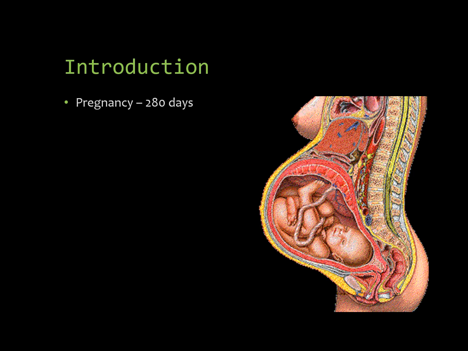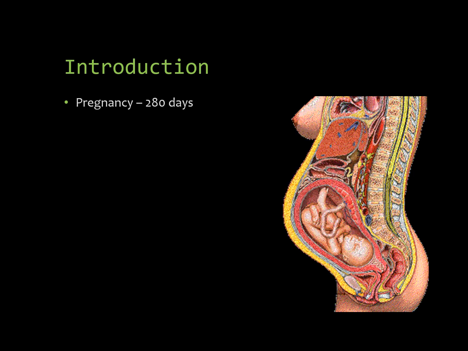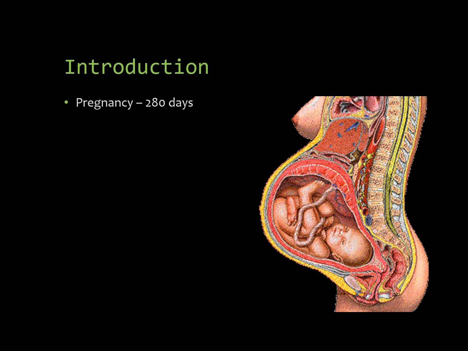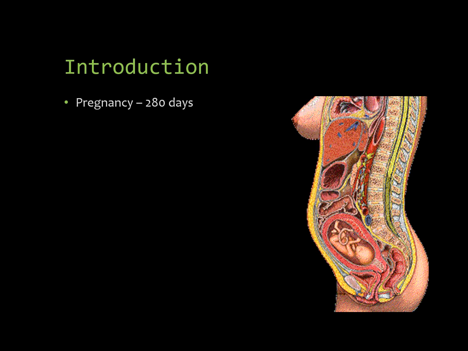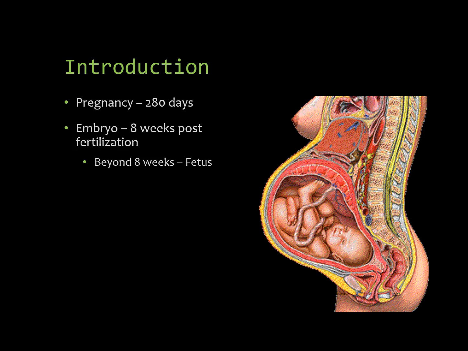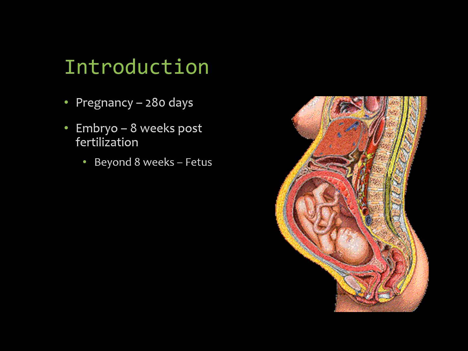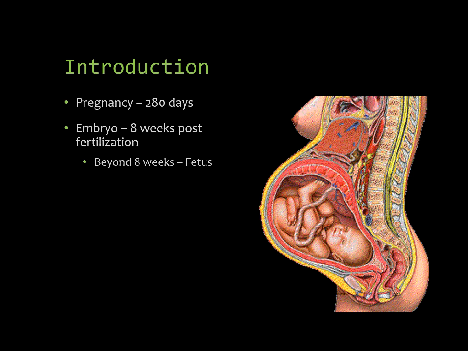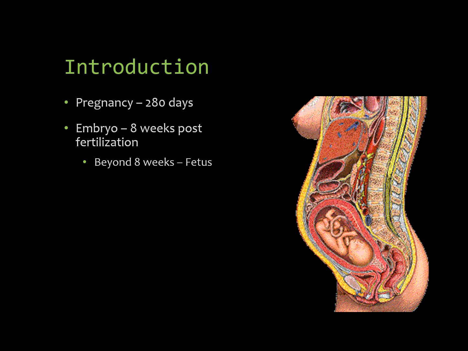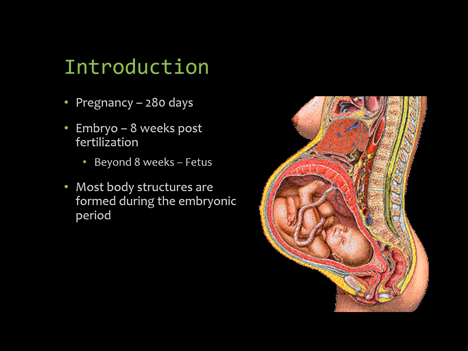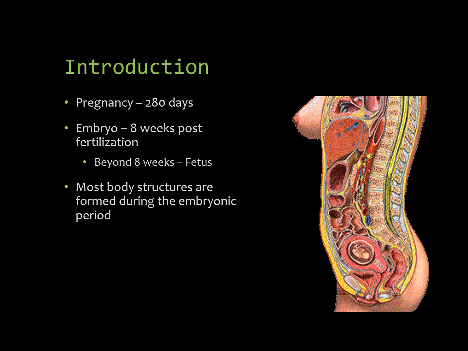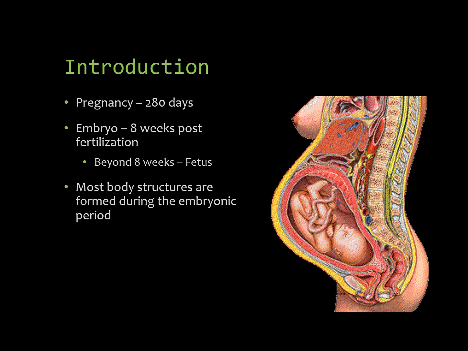We are all aware that pregnancy is a 280 day period and it's divided into 3 trimesters. Eight weeks post fertilization we call the structure an embryo, and during this period most of the organogenesis occurs except the central nervous system.